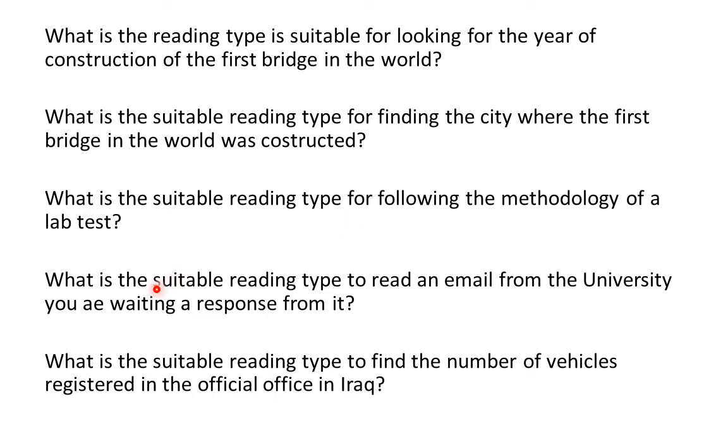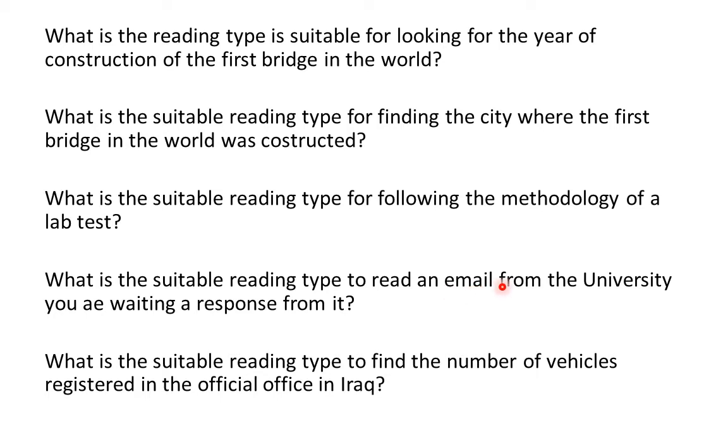Question 4. What is the suitable reading type to read an email from the university you are waiting for a response from? So we are waiting for an email from a university. The best reading type is skimming, and then intensive reading.